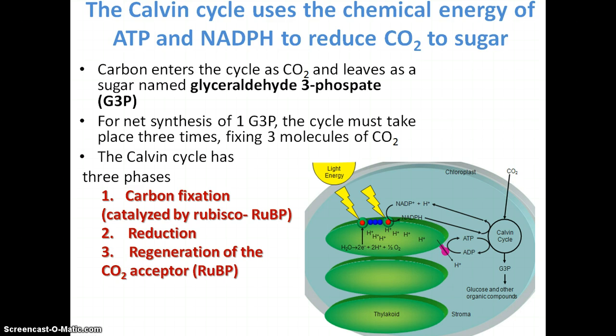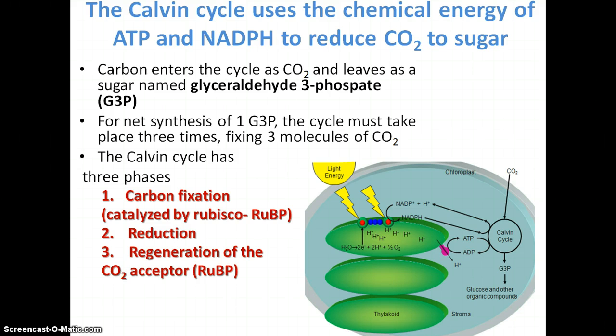When we're looking at the Calvin cycle, carbon is going to enter the cycle as carbon dioxide, and carbon is going to leave the Calvin cycle as a sugar named glyceraldehyde 3-phosphate, which we shorten to G3P. For a net synthesis of one molecule of G3P, the cycle has to take place 3 times.